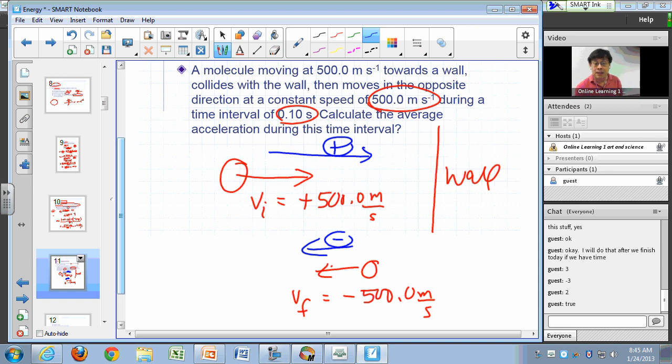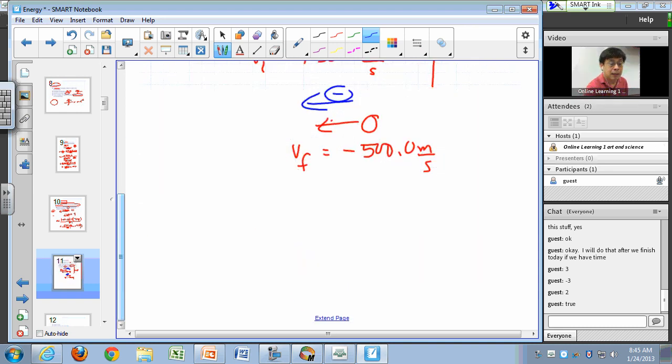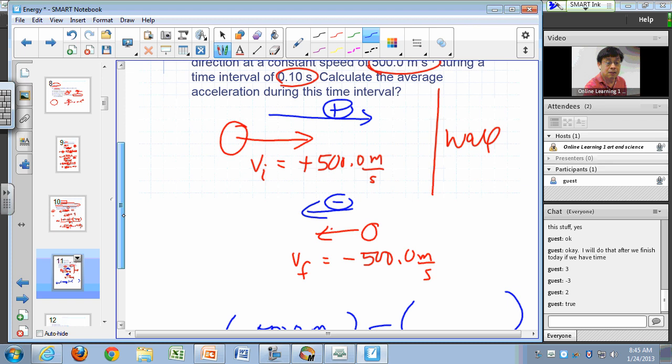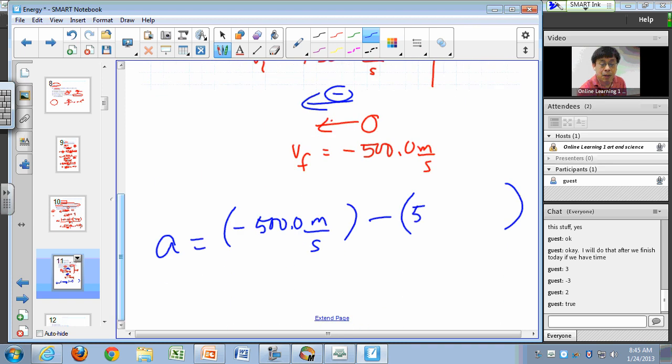So during this time interval, let's calculate the acceleration of our molecule. What will we do? Acceleration is your final velocity, negative 500.0 meters per second, minus the initial velocity, 500 meters per second, positive. You'll notice the speed has not changed. All it did was switch directions.